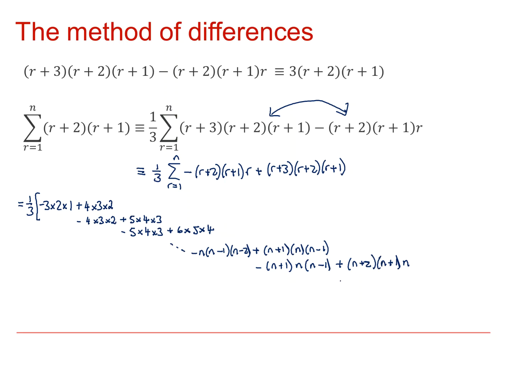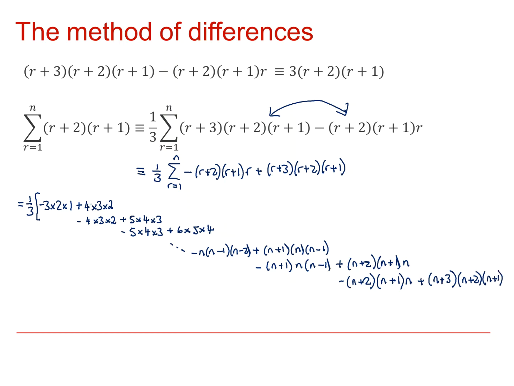And finally, when r is n, I've got minus n plus 2, n plus 1, n, plus n plus 3, n plus 2, n plus 1.